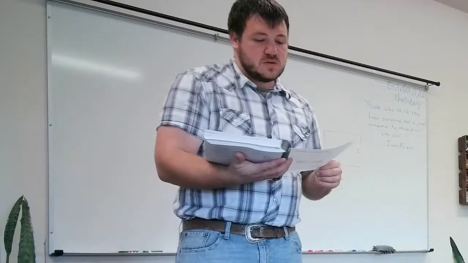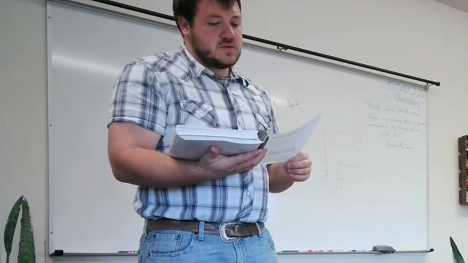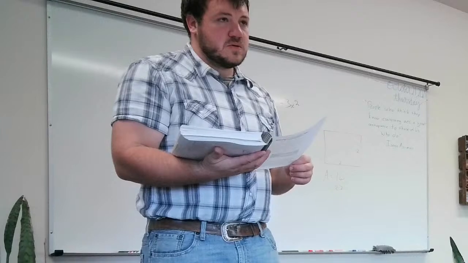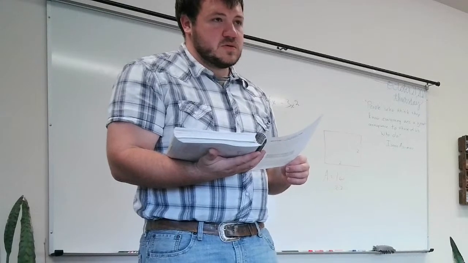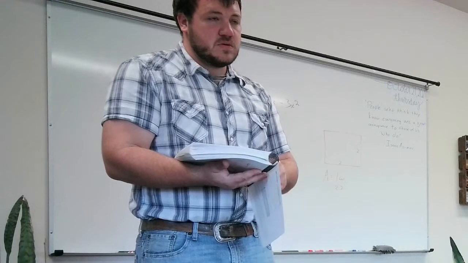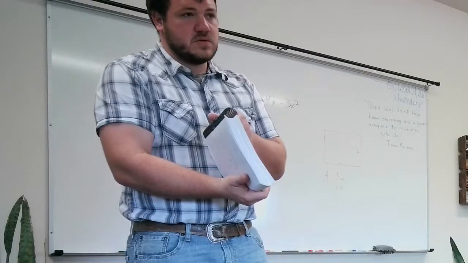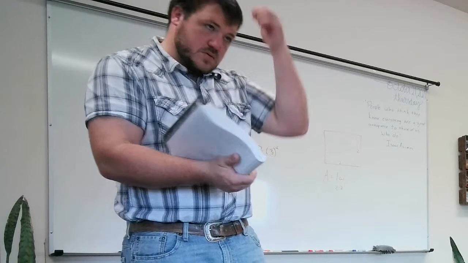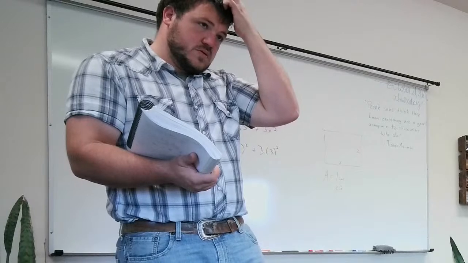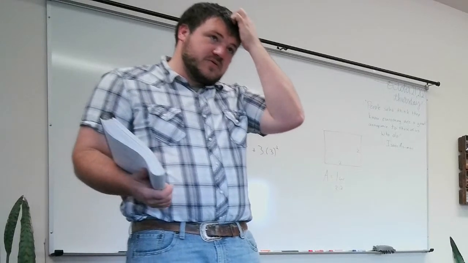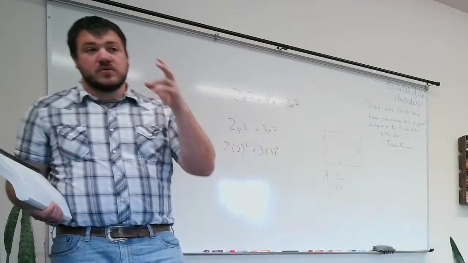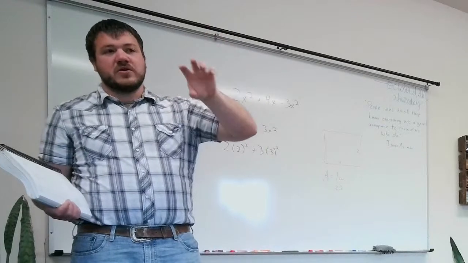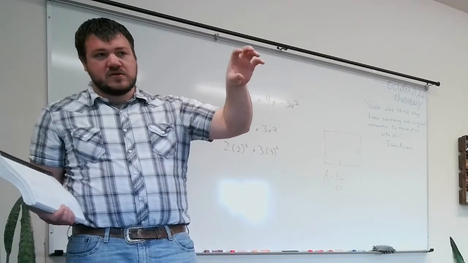So they say the area of a parallelogram is A equals base times height, and they say the area of a rectangle is A equals length times width. If they ask for the area of a parallelogram, and I put A equals length times width, am I going to get that wrong? For a parallelogram, if you use length times width, yes. But here's the deal. A rectangle is a parallelogram, but a parallelogram is not necessarily a rectangle, right?